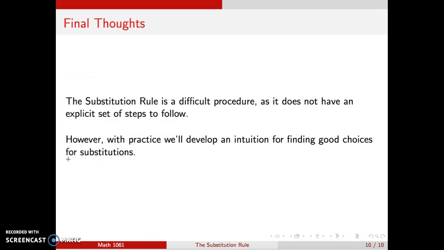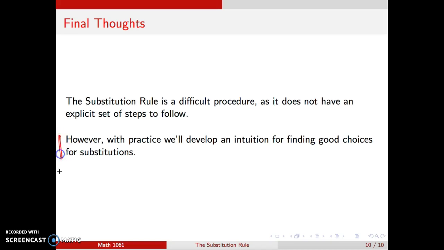Just kind of a quick final thought here. This rule is a difficult procedure. It's the most difficult thing we've seen so far, certainly for the integration methods. And part of its difficulty is that it doesn't have an explicit set of steps. There's not a step 1, step 2, step 3 every single time. There's a general idea, but it's something that you get better at, the feeling for what's going to work, the more practice you have.